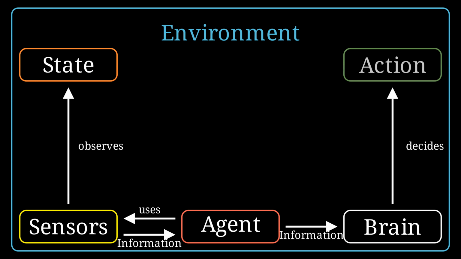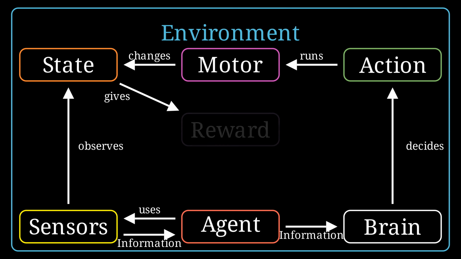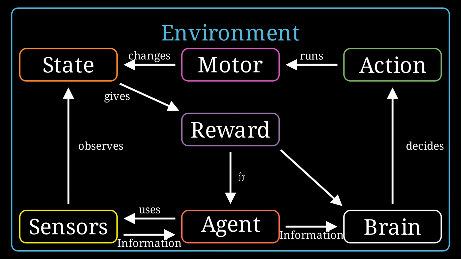The brain then decides about an action, and then the action triggers or runs a motor or some other event that changes the state. Once we are in a new state, this state can give a reward or a punishment, which is then again used to improve the agent or the agent's brain to, in future, make better actions.